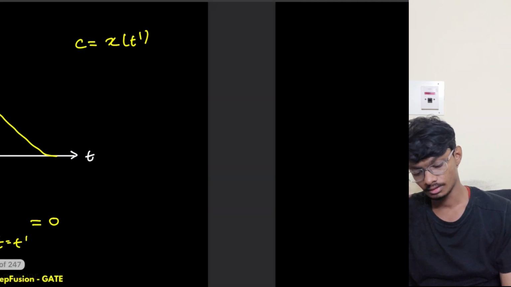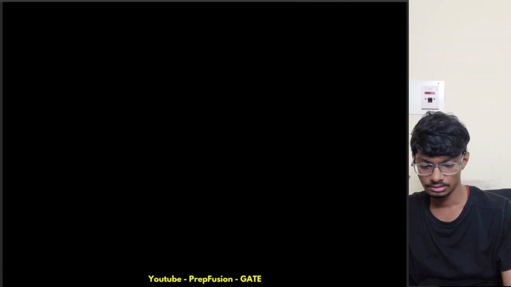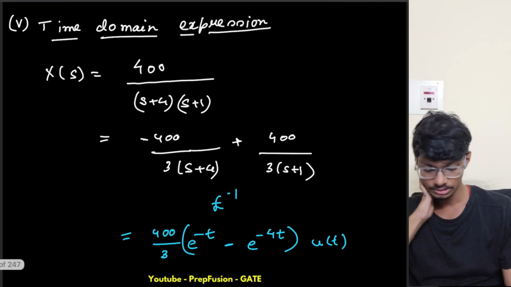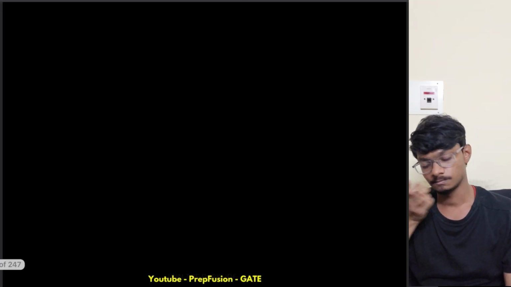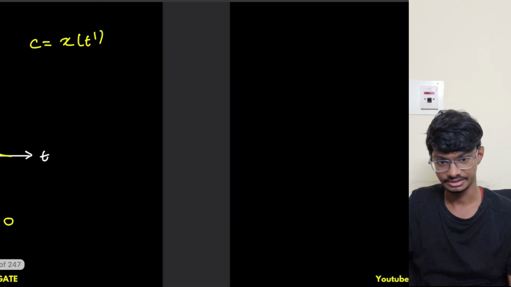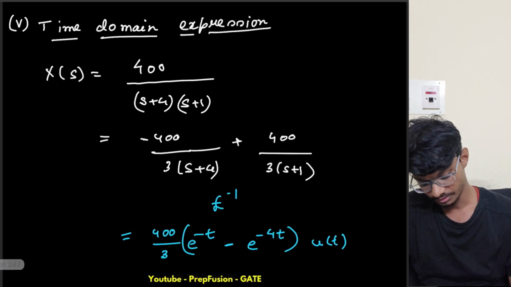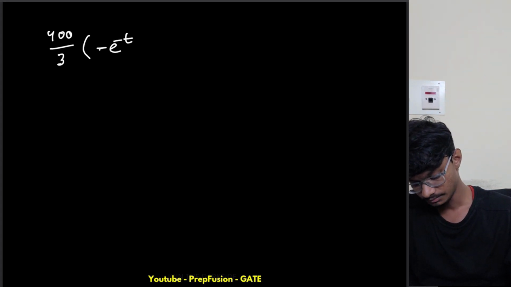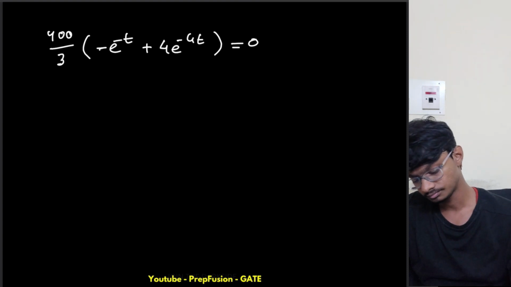So now what we need to do is find this slope. I will simply differentiate x of t. 400 by 3 stays outside. We get minus e raised to power minus t plus 4 e raised to power minus 4t equals 0.